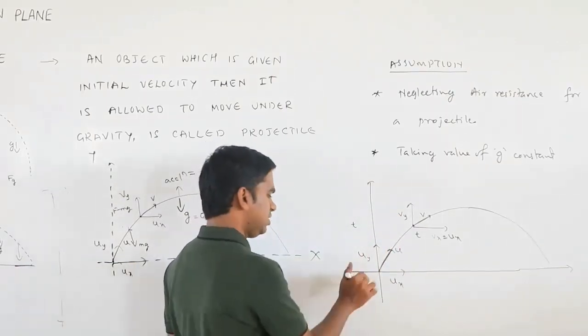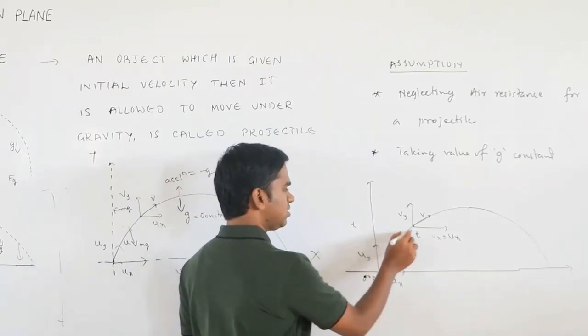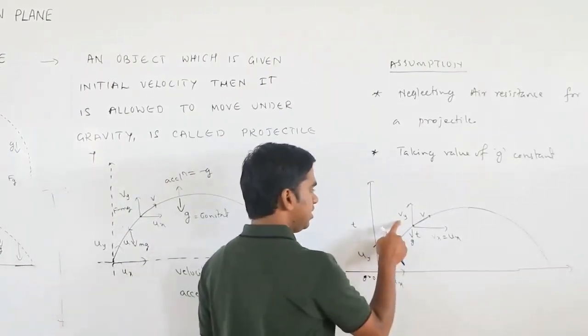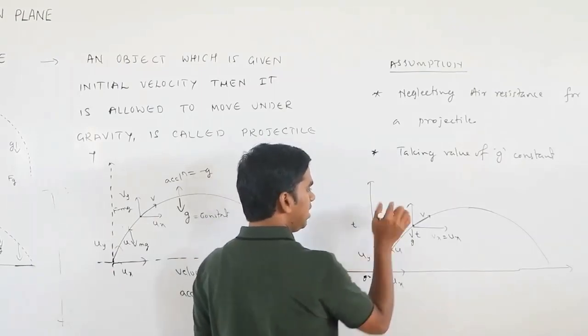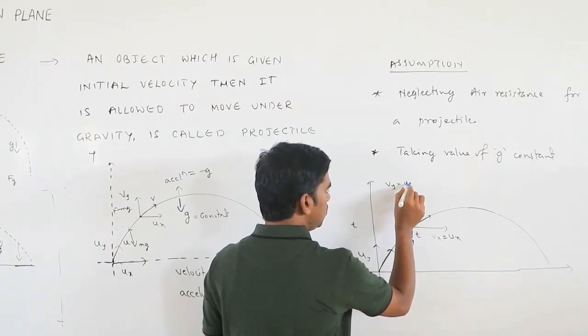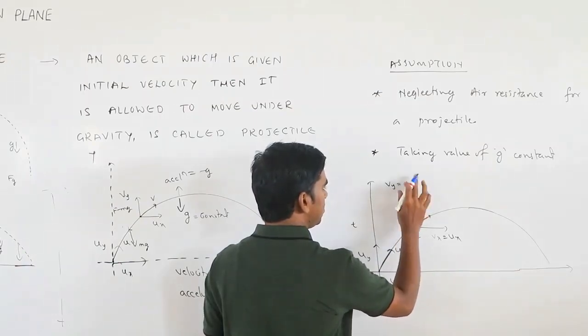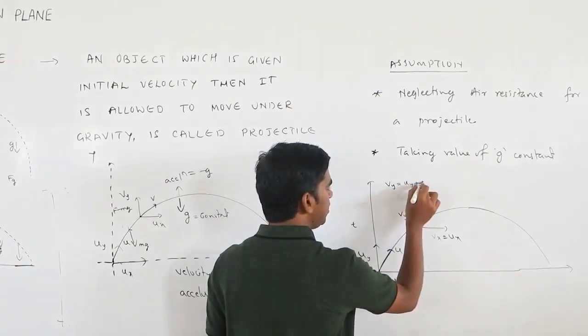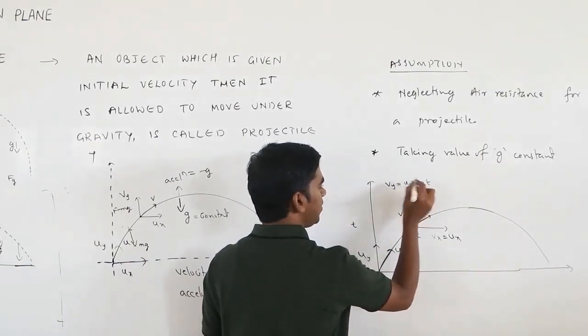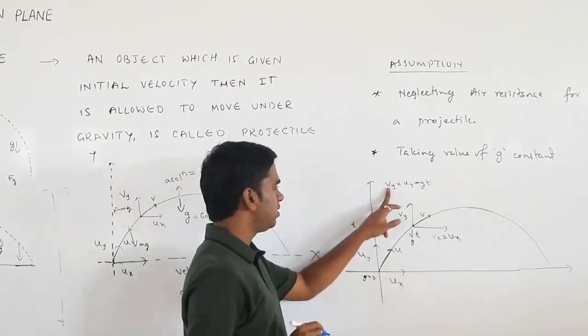Why? Here g is not 0. Here some g is acting in the downward direction. So you cannot write simply vy equals uy. Vy you can write as uy plus at, that is, uy minus g into t. So this is vy.